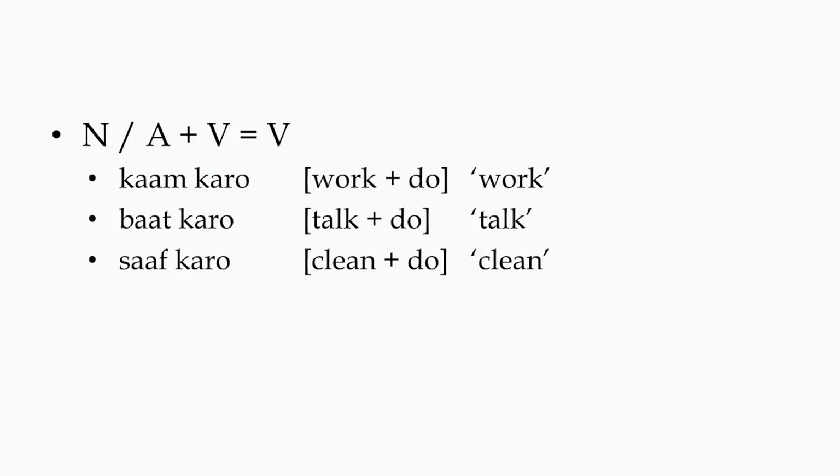So in the example kaam karo, you see kaam as a nominal element and karna as a verbal element, and together it gives us the meaning of work. Baat karo has baat as a nominal element and karna as the verbal element and means to talk. Saaf karo has got saaf as an adjective and karna as a verb, and then we get clean.